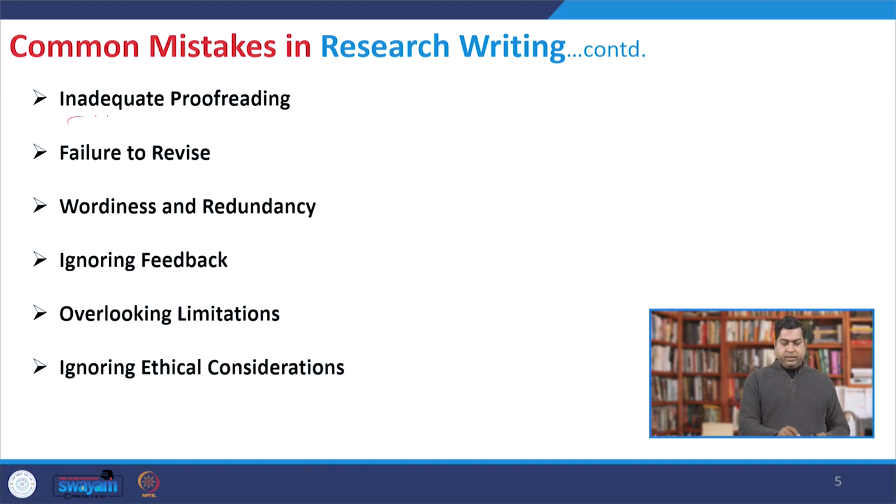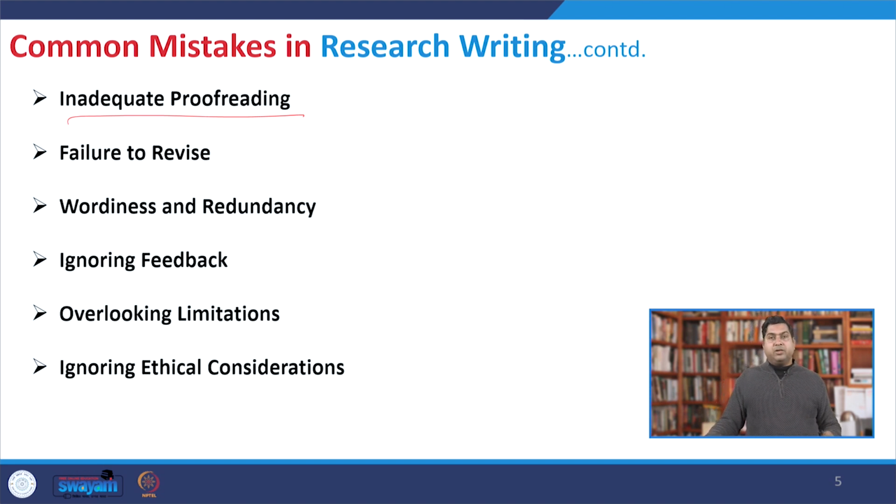Inadequate proofreading. This requires patience, because many times, after doing excellent work, when we write our own thing, we have a certain belief that everything is written correctly, and then we don't have the patience to find the mistakes. And definitely if I am checking my own write-up, it will be very difficult.